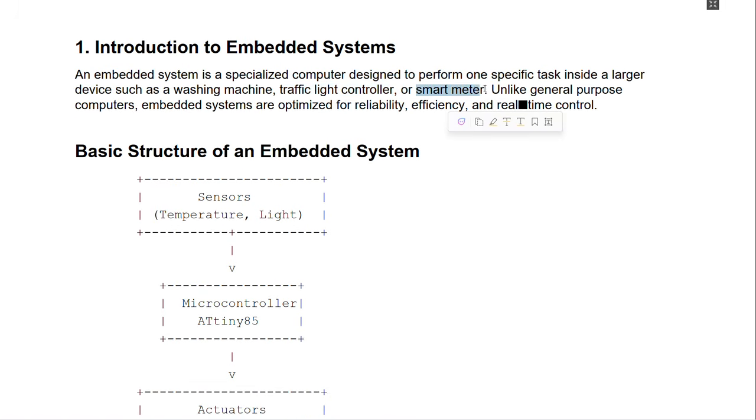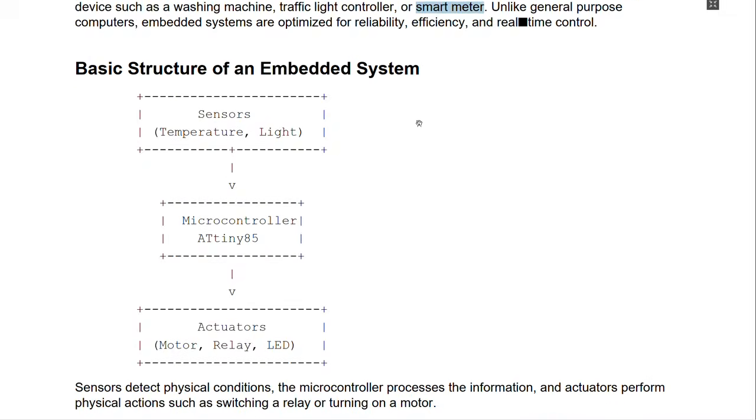Let's say a smart meter. We have our metering devices, the ones that meter how we use utility resources, like electricity. So for that case, the embedded system in the big picture, instead of temperature and light, would be collecting voltage and current values of a certain consumer.